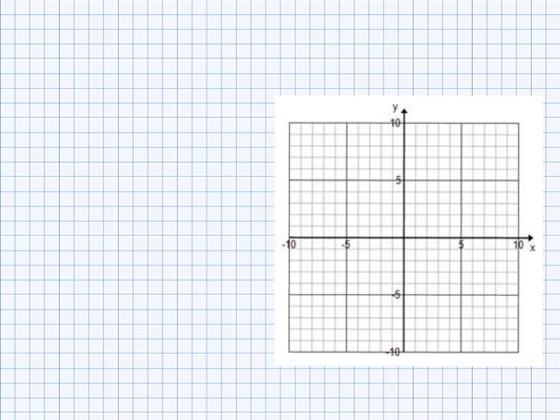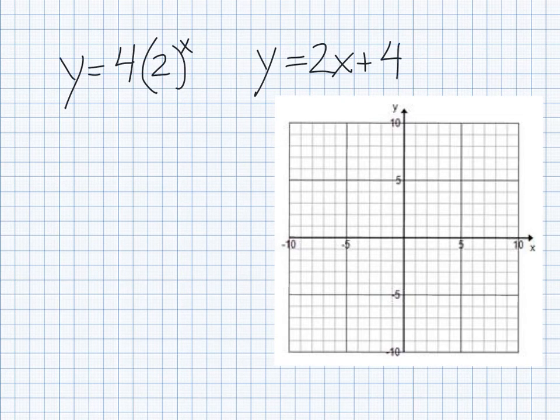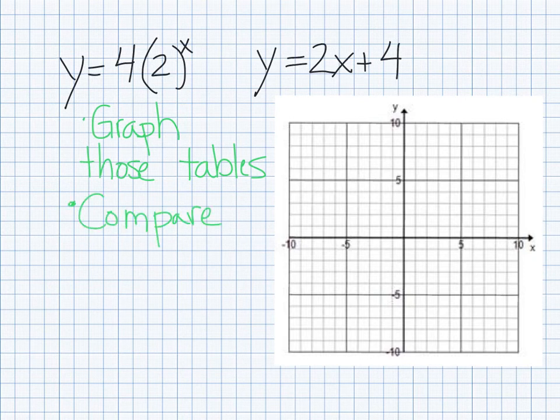As we look at the difference between y equals 4 times 2 to the x and y equals 2x plus 4, take those two tables and graph those tables. And compare them. I want you to see the difference, okay?